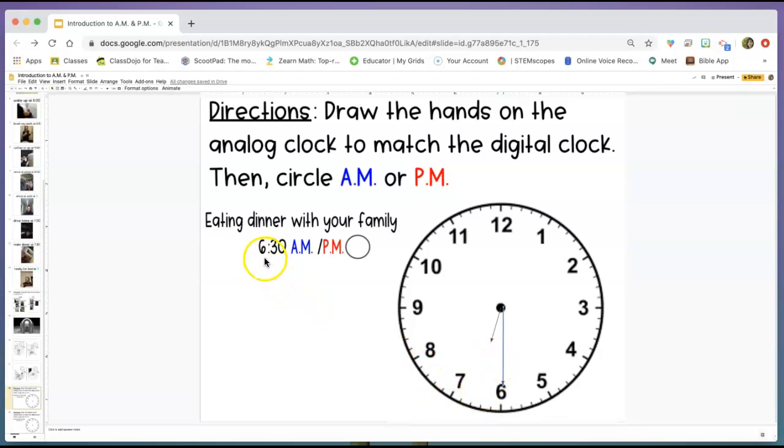And now I have 6:30. But I have to figure out if it's AM or PM. Well, if I'm eating dinner with my family, I typically try not to eat super duper late, especially at 12 a.m. That's really late. So I'm thinking that this is 6:30 p.m.